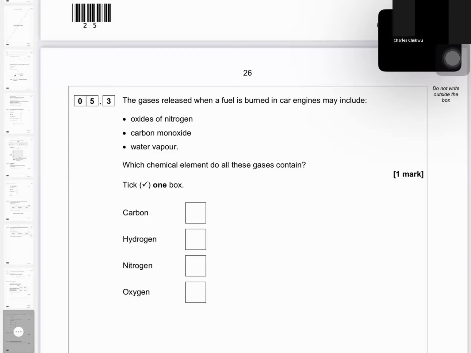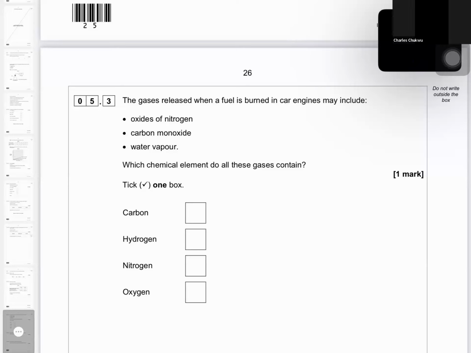It says the gas of carbon monoxide, of course. Yes, I think we've said that cars will release carbon monoxide from the exhaust pipe. Then what next? Water vapor too. It says, which chemical element do all these gases contain? All right. So what do you think is the one common thing that all of them contain? Oxygen.